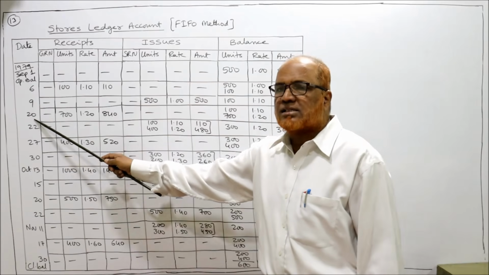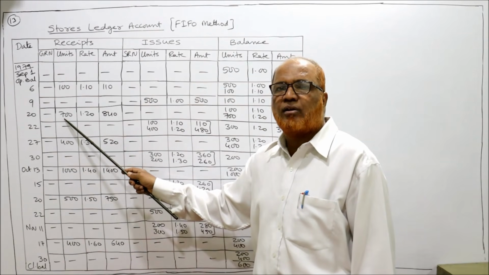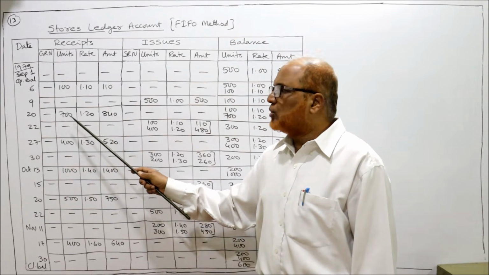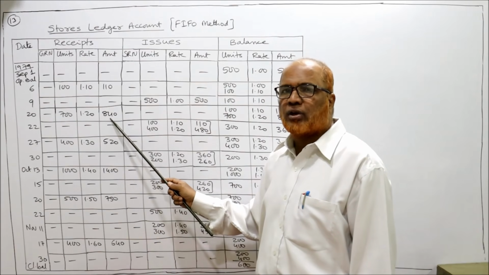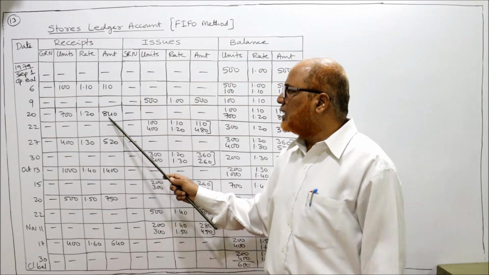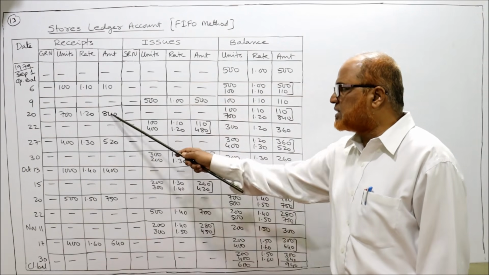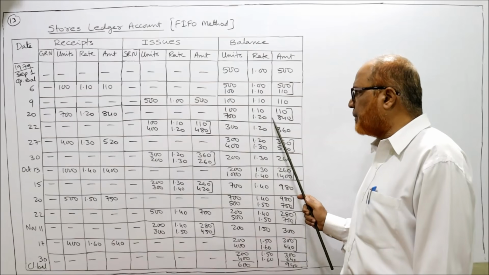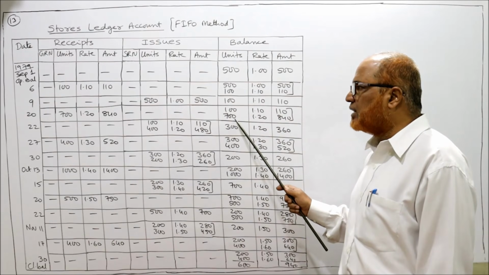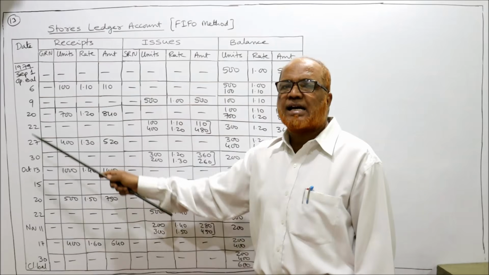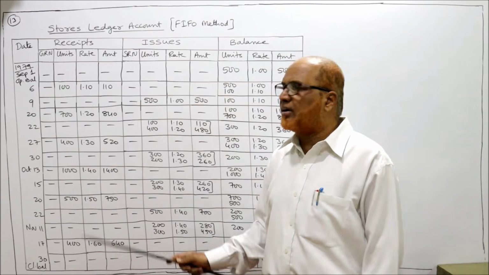Now 20th September there is purchase of 700 units at 1.20. So 700 into 1.20, 840. Now we have two lots. The old lot was 100 units at ₹1.10 and the new lot purchased is 700 units at ₹1.20. So two lots we are having in the balance. Now 22nd there is issue of 500 units.